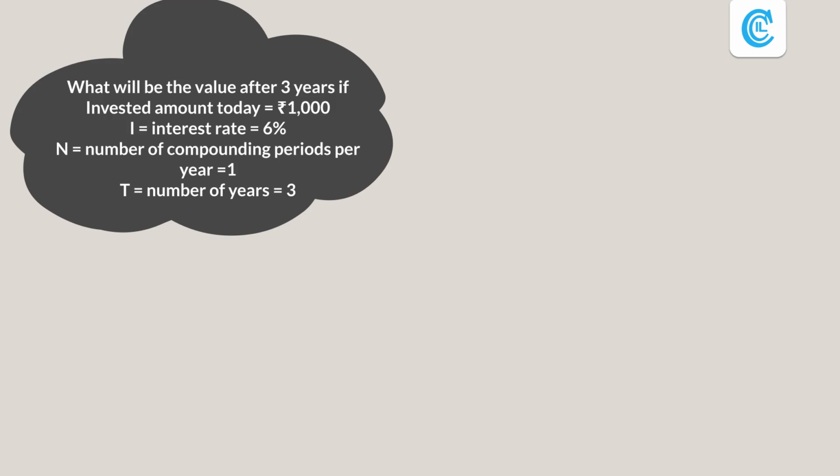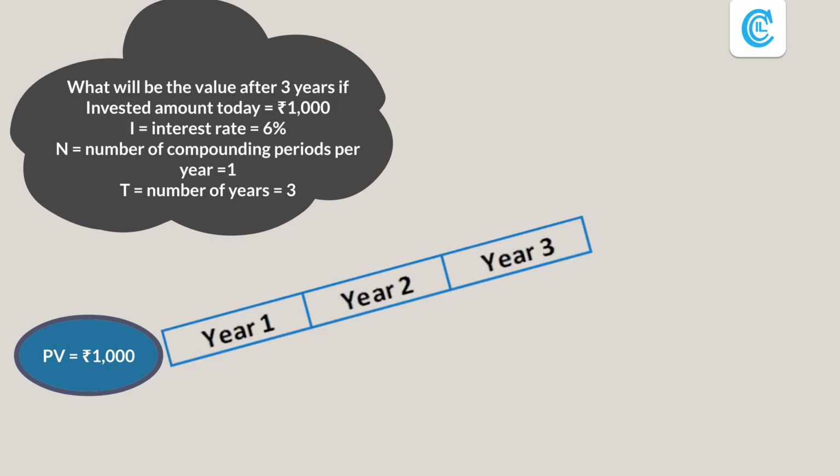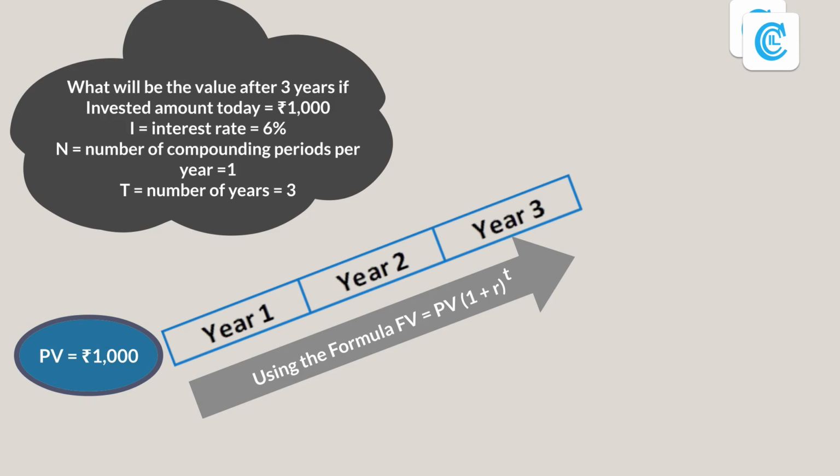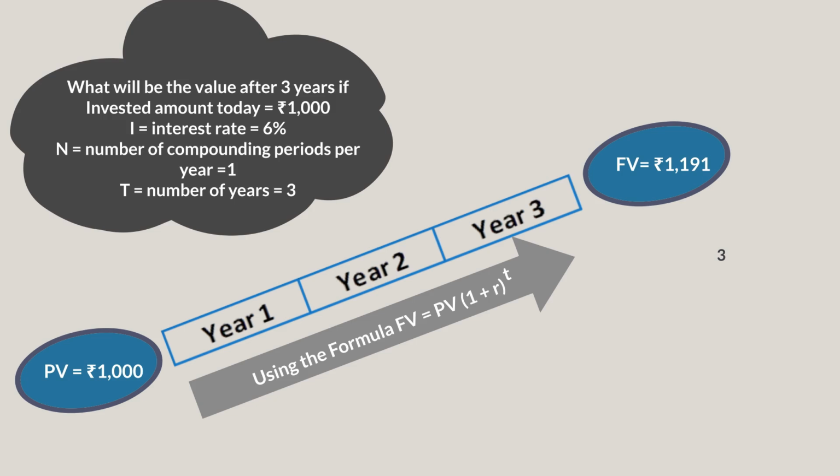What will be the value after 3 years if 1000 rupees is the amount invested today at an interest rate of 6% compounded annually? Here PV is 1000 rupees, which is compounded annually for 3 years. Using the future value formula, we get a maturity value of 1191 rupees.